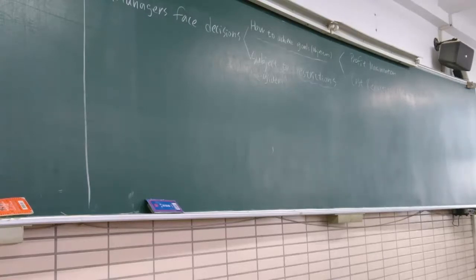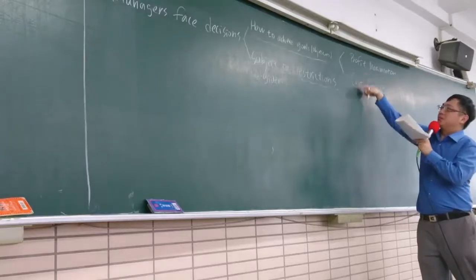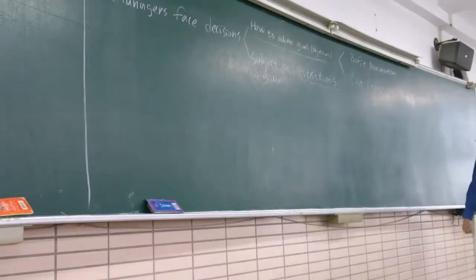Maybe there are other goals, such as service quality maximization, customer satisfaction maximization. But in this textbook, we always talk about these two goals because they are easy to measure.